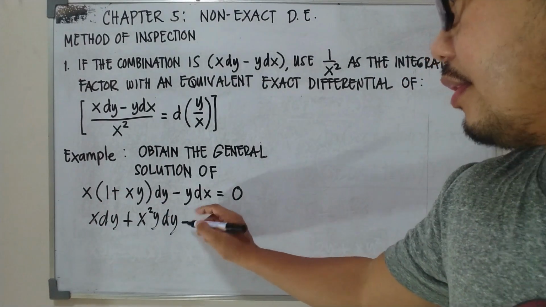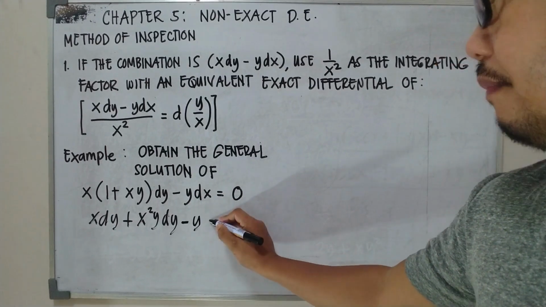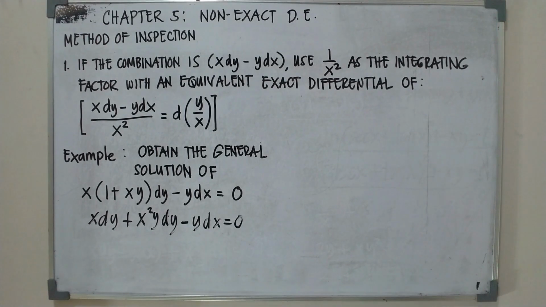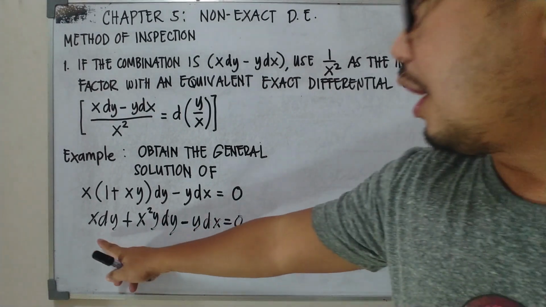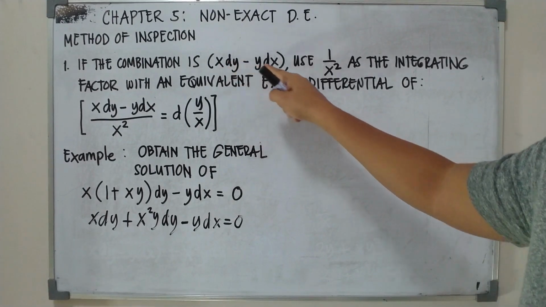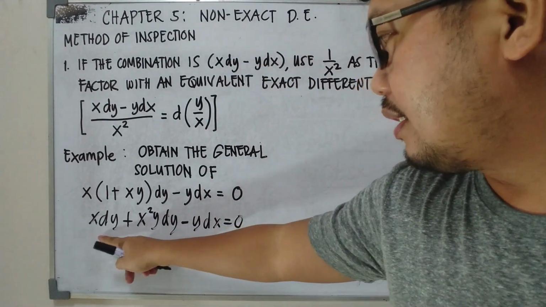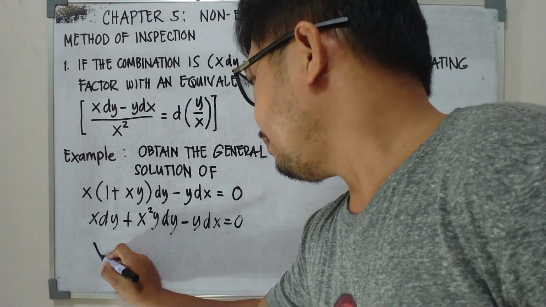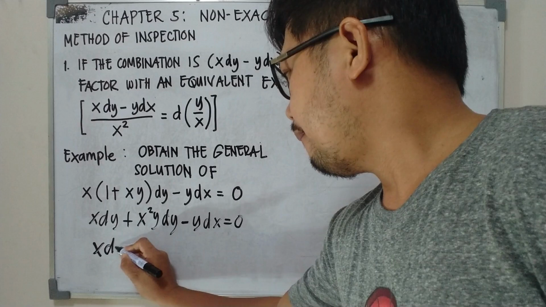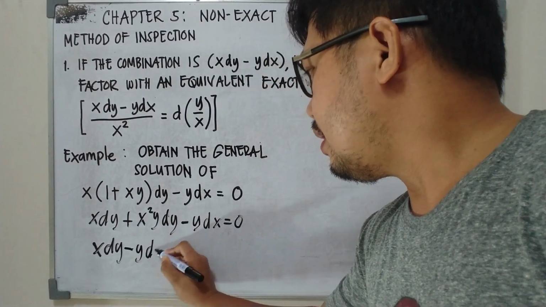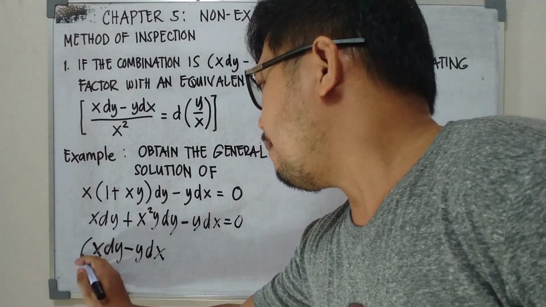Then minus, just copy this, y dx, and this is equal to 0. Then arrange the terms so that you have the combination x dy minus y dx. Combine it, so x dy minus y dx.